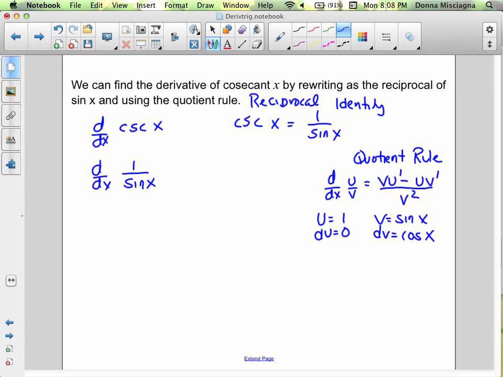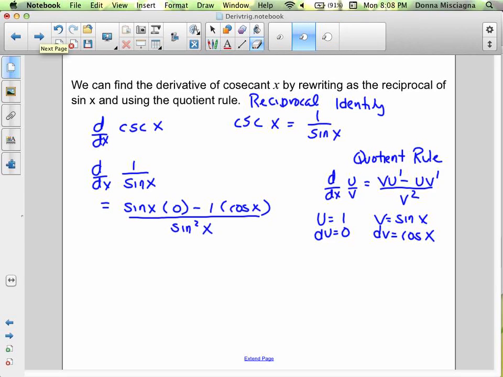Now the derivative of 1 over sine x is going to be the denominator, which is sine x, times the derivative of the numerator, which is 0, minus the numerator, which is 1, times the derivative of the denominator, which is cosine x, all divided by the denominator squared.